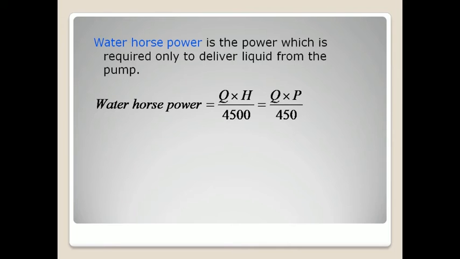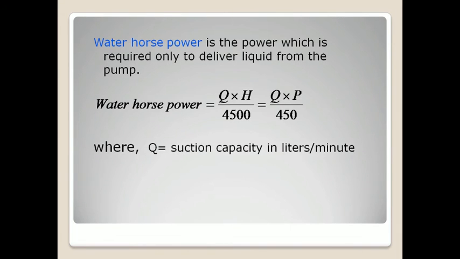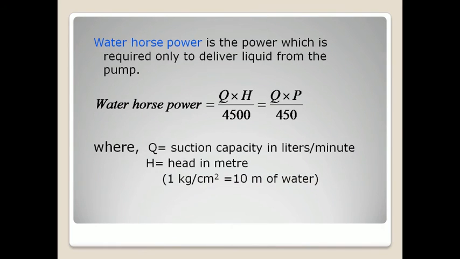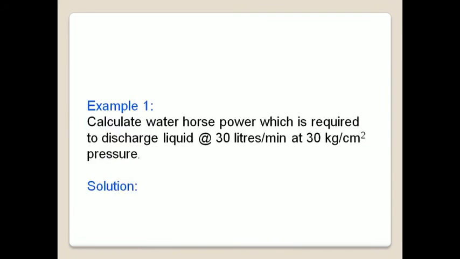It is the power which is required only to deliver liquid from the pump, and it is calculated by Q multiplied by H divided by 4500 or Q multiplied by P divided by 450, where Q is suction capacity in liters per minute, H is head in meter, 1 kg per centimeter square pressure equal to 10 meter of water, and P is pressure in kg per centimeter square.